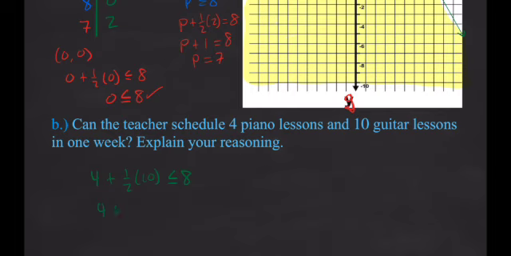So this would be 4 plus half of 10, which is 5, less than or equal to 8. So we have 9 is less than or equal to 8. We can see that that is not true. So we would be able to explain that he would not be able to teach this amount of piano lessons and guitar lessons because he would be over the amount of time that he has allotted for giving lessons.